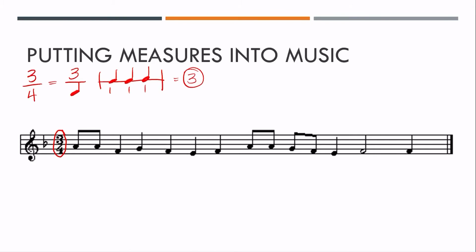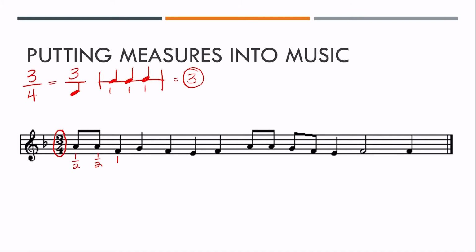Now here on this example, we have to figure out where to put those bar lines. Now we know that we have to put them after we see 3 beats. So first things first, let's just go and label every single one of these notes with their note value so that it'll make it a little bit easier to do our addition. Okay, so first we have some eighth notes. Each one of those eighth notes is going to be worth half of a beat.